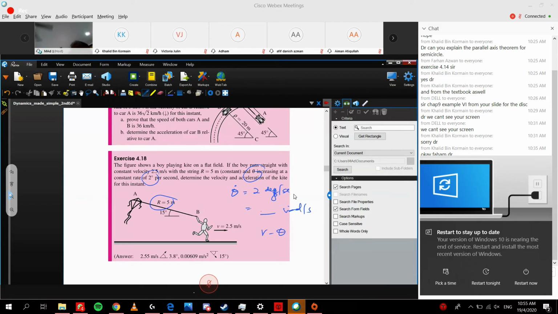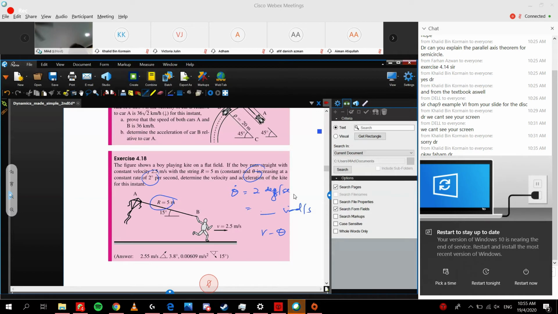How do you do r theta analysis? For r theta analysis, you need to have a fixed point. Just fix this point, make it fixed. Although this is not fixed because the boy is running at 2.5 meters per second, just make it fixed.